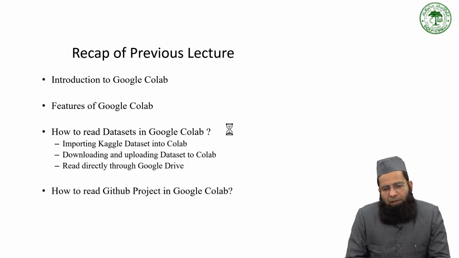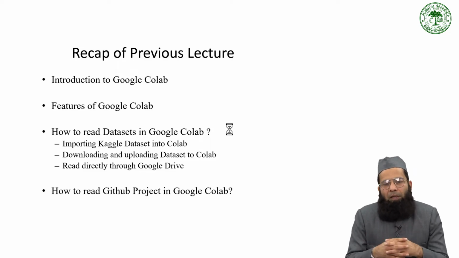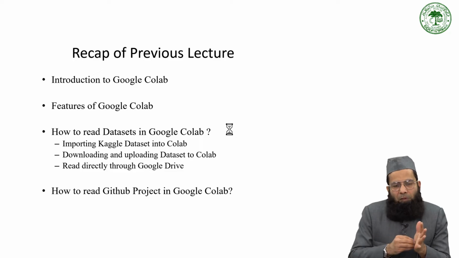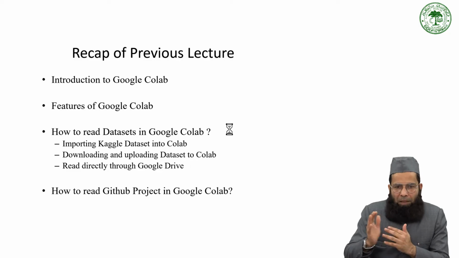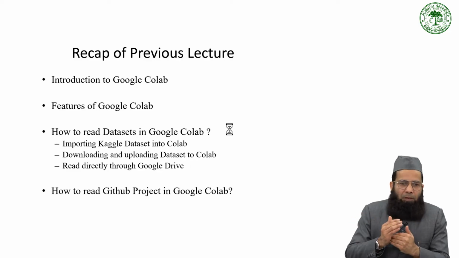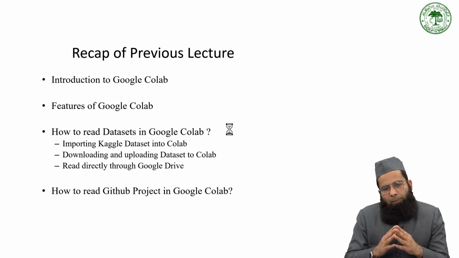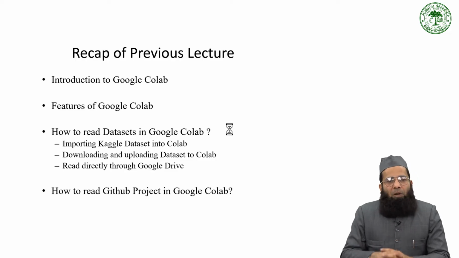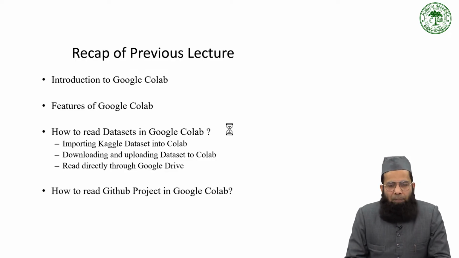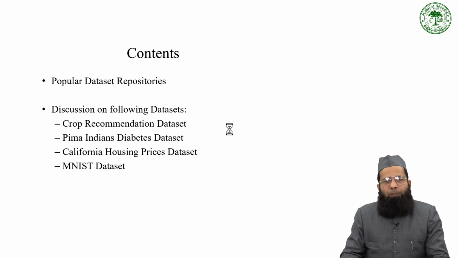And the best way that we think, if you want to update your file regularly, is to keep all your files in Google Drive and directly read your dataset through Google Colab. So first you need to mount your Google Drive, and then we have seen how to read GitHub project in Google Colab. So these have been covered in the previous lecture.